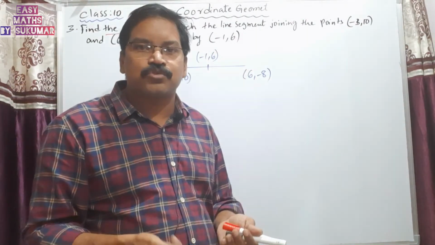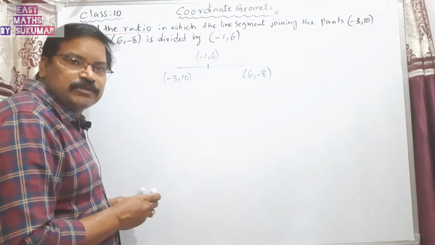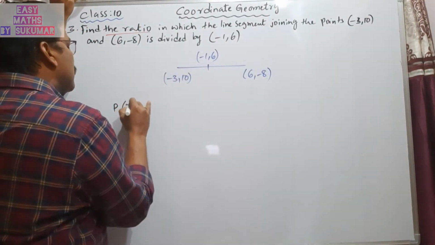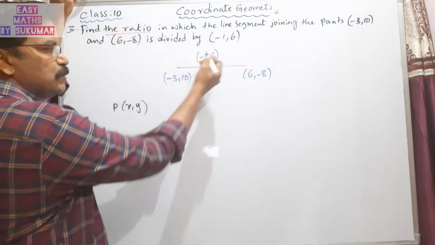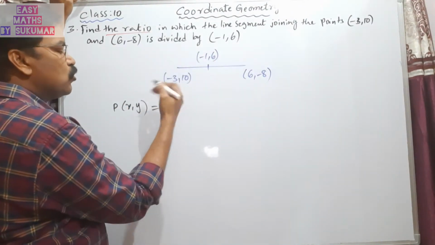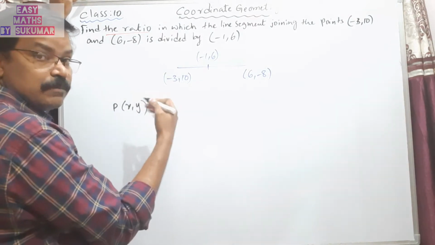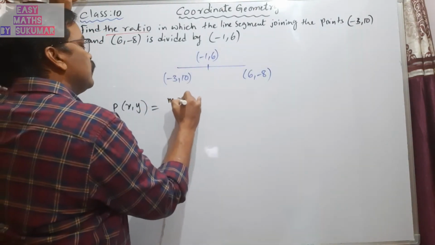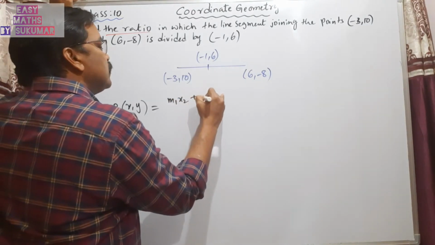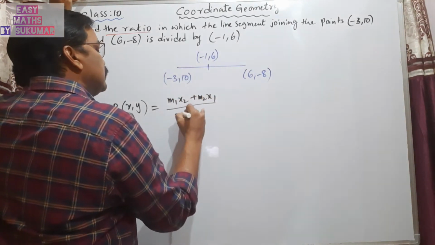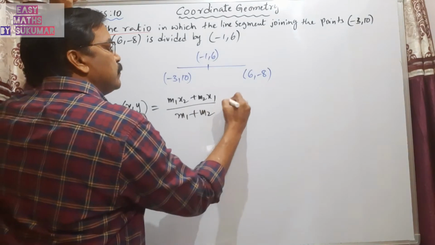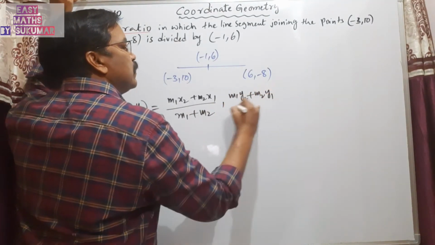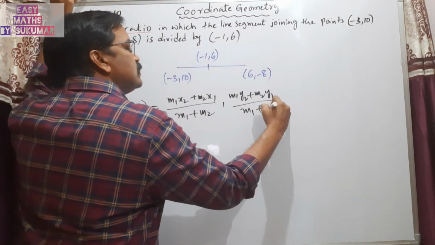In which ratio? Okay, see my students, here this P(x, y) is given, that is minus 1 comma 6, but we don't know M1 and M2, the ratio. See here, what is the section formula? M1 x2 plus M2 x1 by M1 plus M2, comma, M1 y2 plus M2 y1 by M1 plus M2.